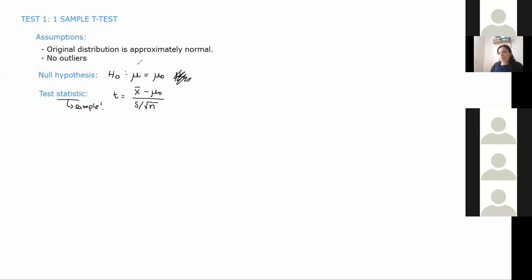If we go back to what we have, these are just the assumptions. That means when can I use this test? The null hypothesis is just saying, this is what I'm trying to disprove. I'm trying to show that the mean is not equal to mu 0, some value. Mu 0 is just a label for some value. It could be 7, 2, minus 1, whatever it is. The test statistic is the value that I'm going to compute from my sample.